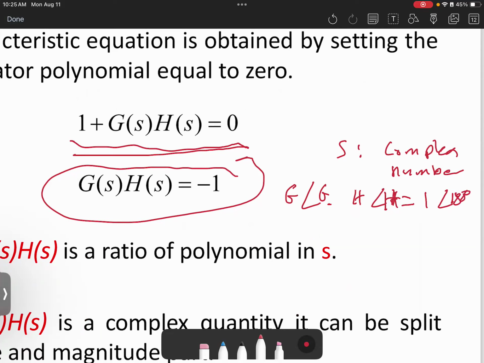Then we can say the magnitude of GH, angle G plus H, equals 1 angle 180 degrees.